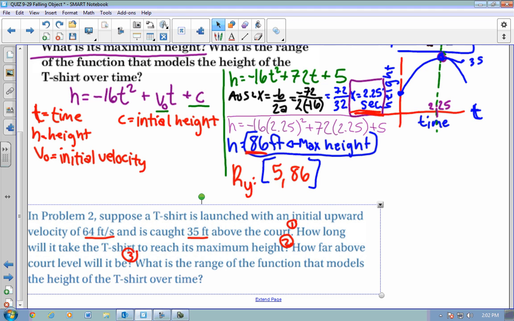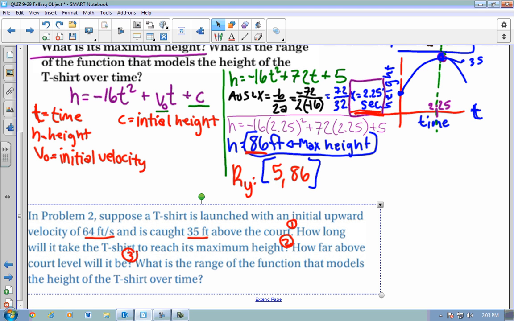How are you doing? Is this your new one? Is this the formula you used? And you just put it in your calculator? Yeah, because it's 64 this time. And you did negative b over 2a.